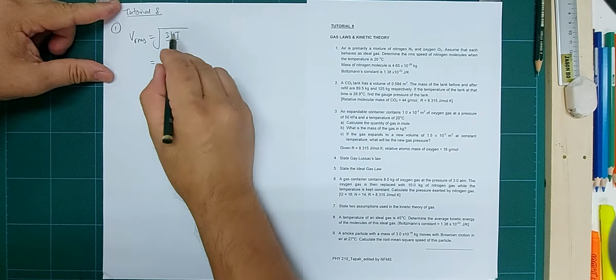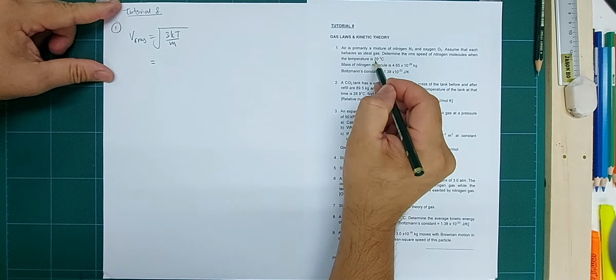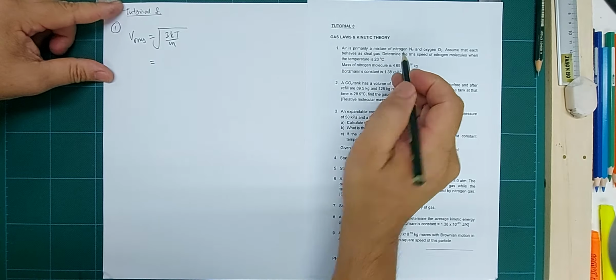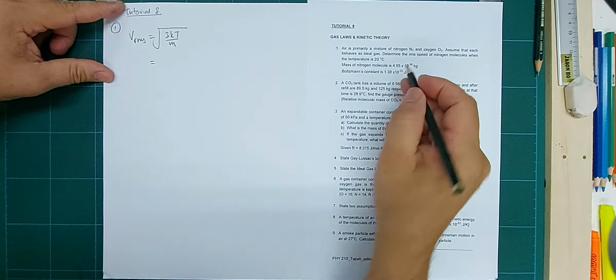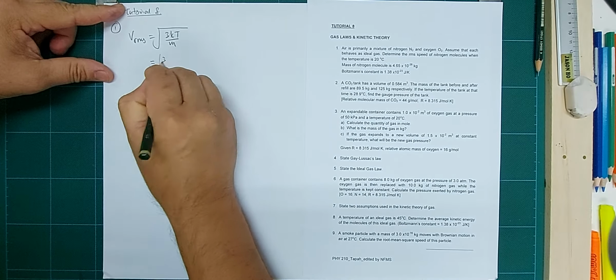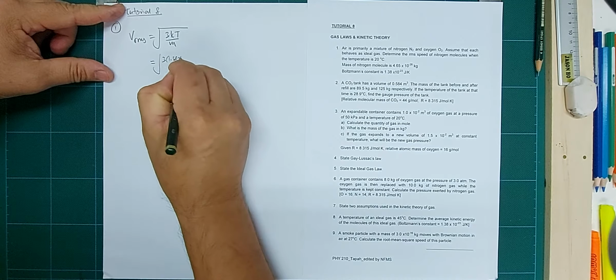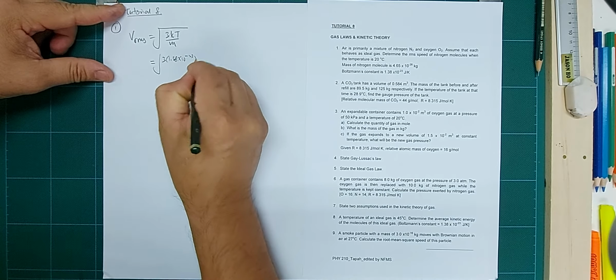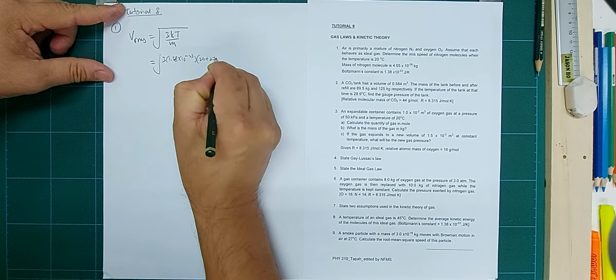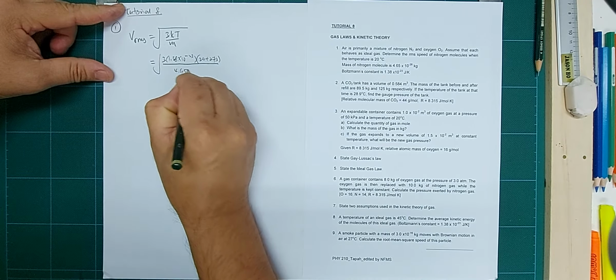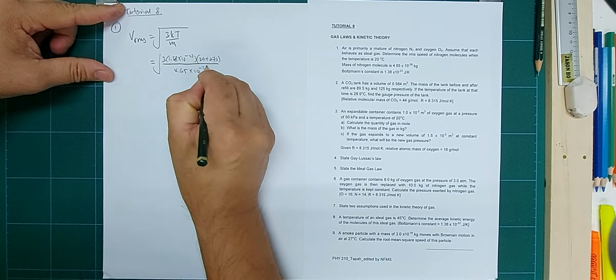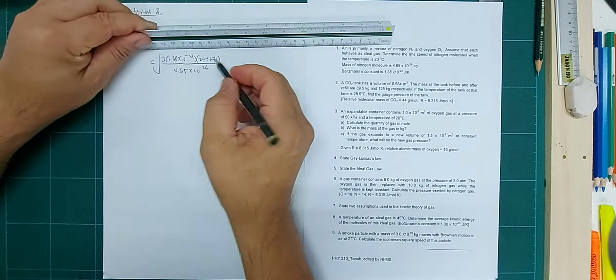The temperature is 20 degrees Celsius, changed to Kelvin, and the mass m is the mass of the nitrogen molecule. So we have 3 times 1.38 times 10 to the power minus 23, times temperature 20 plus 273, divided by the mass 4.65 times 10 to the power negative 26 kilogram.